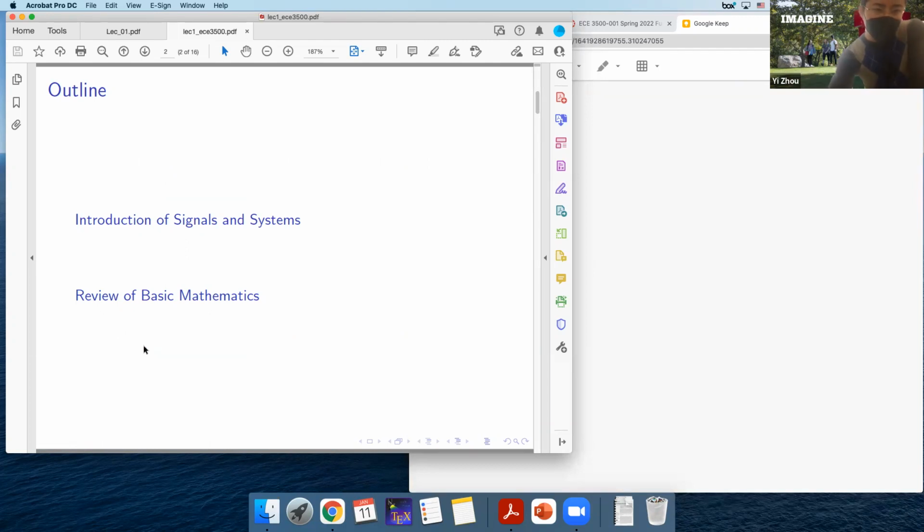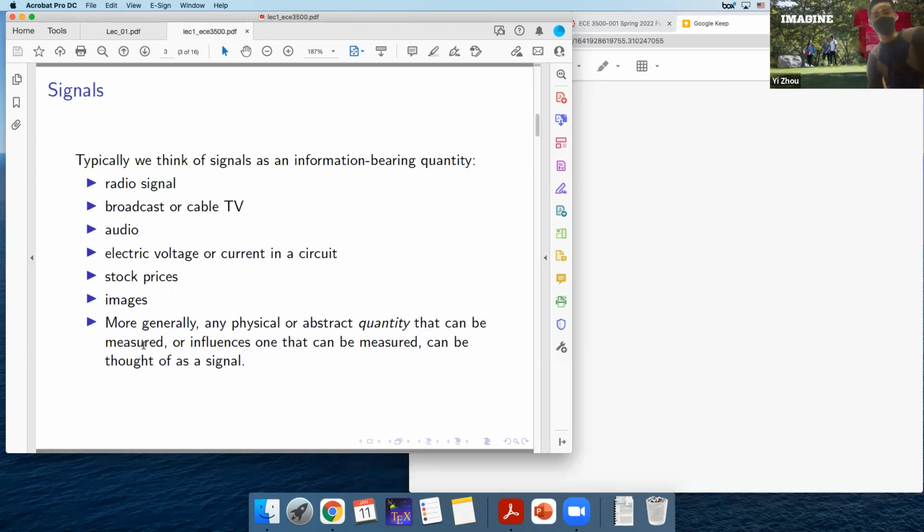Okay, so this course is about signals and systems. So let's talk about signals first. Typically we may think of signals as an information bearing quantity.